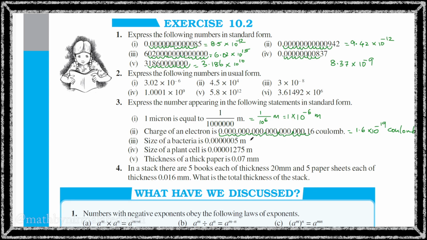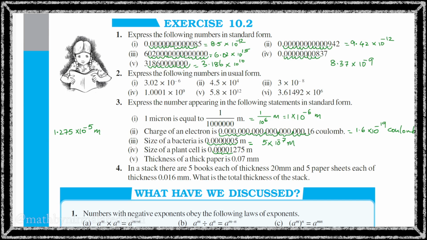Right? Next one I have 5 into, so from here 1, 2, 3, 4, 5, 6, 7. 10 to the power of minus 7 meters. And the next one, size of a plant, 1.275 into 1, 2, 3, 4, 5. 10 to the power of minus 5 meters.